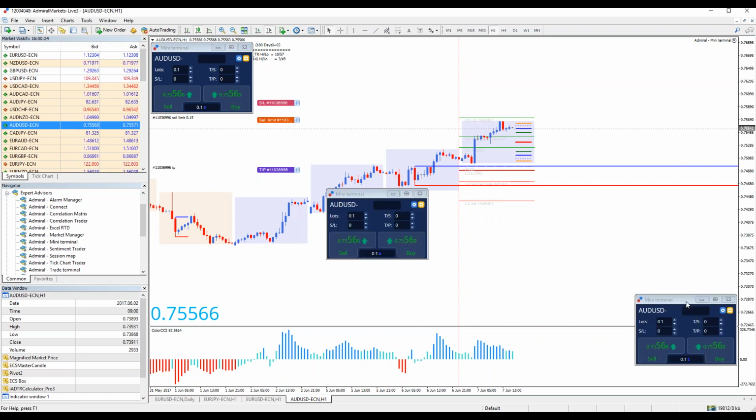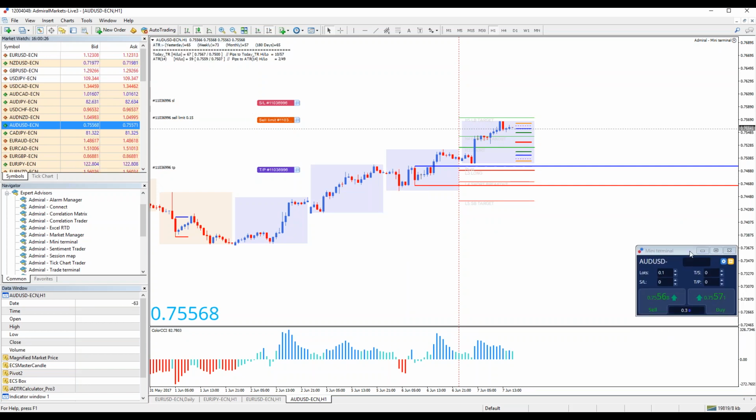Here, guys, also you will be able to see the ATR. It's not that big. Today's ATR is overshot. So that is one of the reasons I made a short setup on Australian dollar. This is divergence here. We have a divergence here.